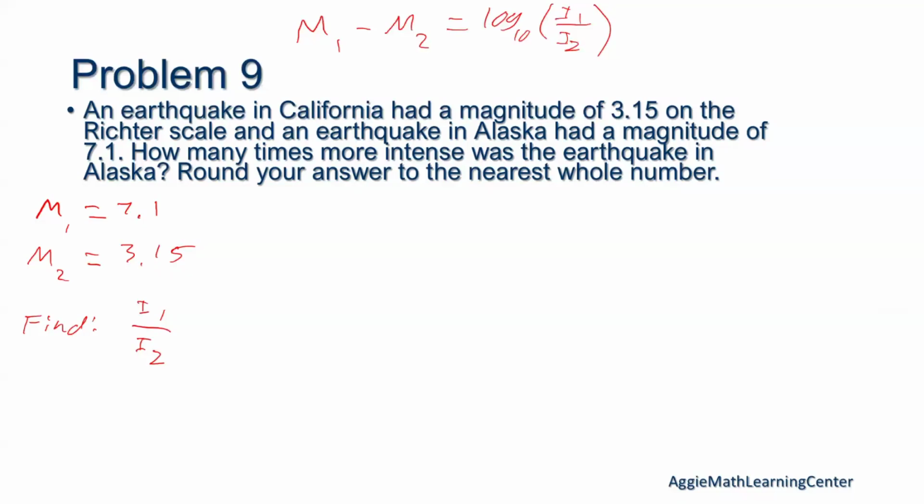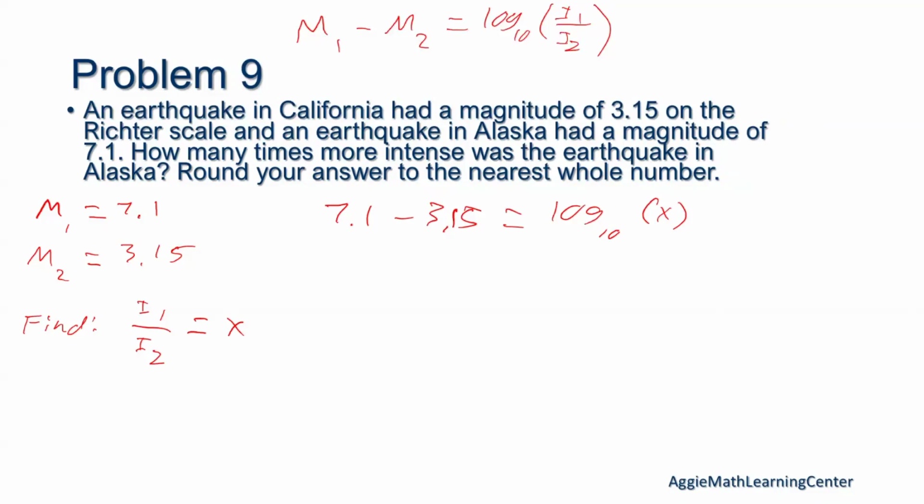Now you have this equation at the top, so you can plug it in. I'm going to say I1 over I2 is X, because X is what we want to find. So 7.1 minus 3.15 equals log base 10 of X.